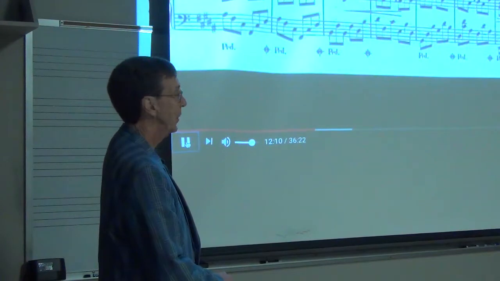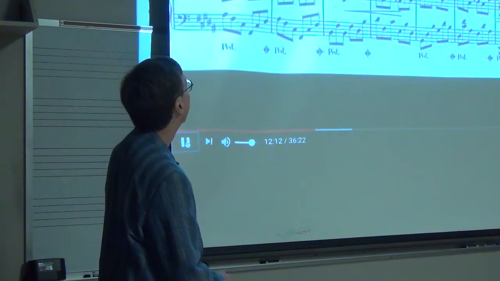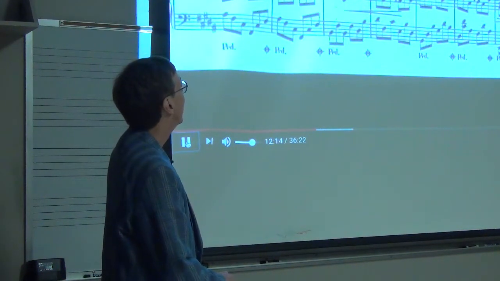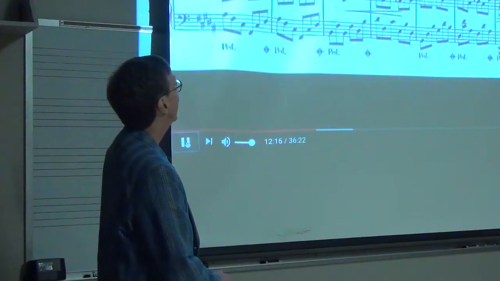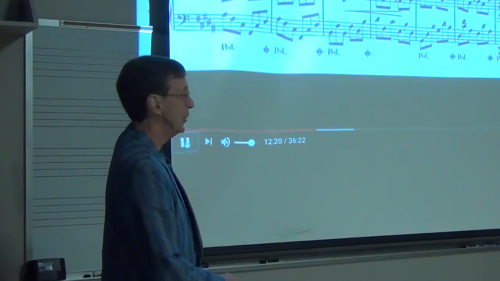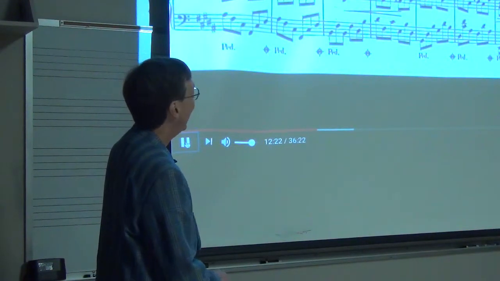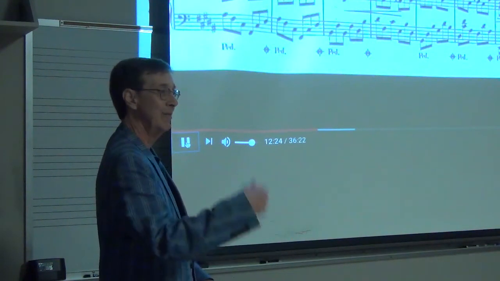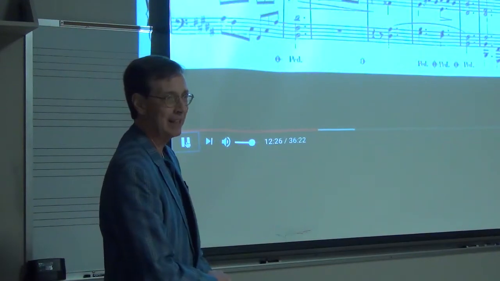A lot of notes in a short amount of time. So we're in B now, B major. Again, a very dance-like prelude.